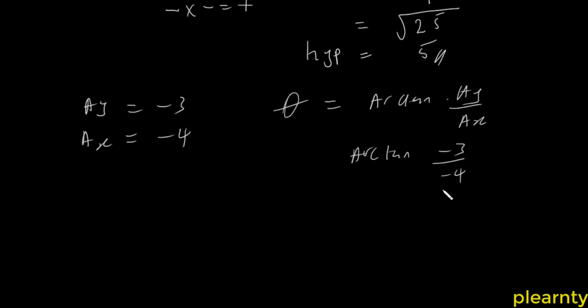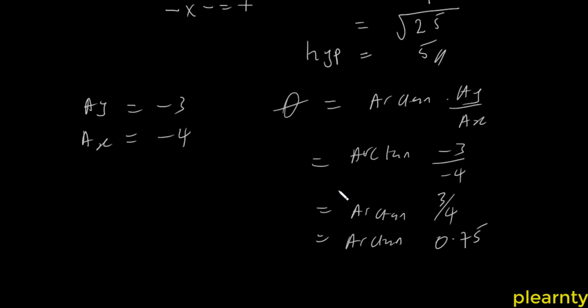Minus cancels minus. So we are going to have arctan of 3 over 4, which is also equal to 0.75. So arctan. So that is our theta.